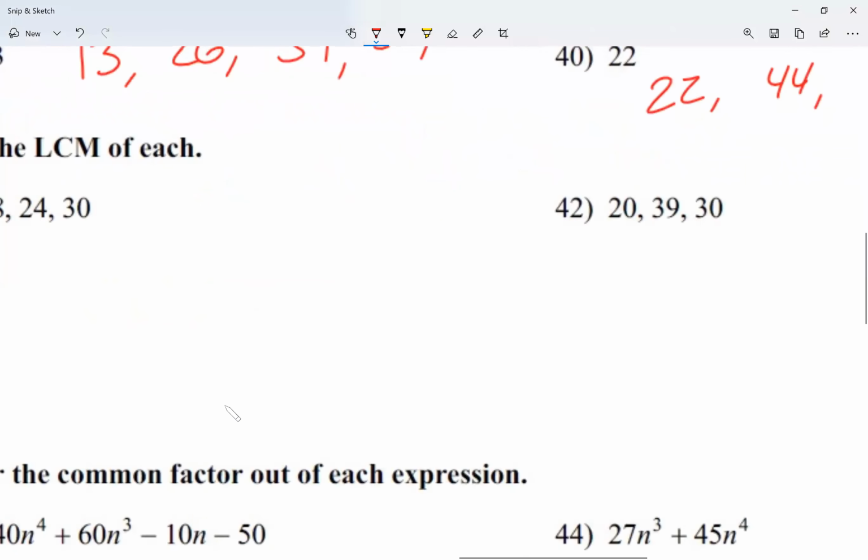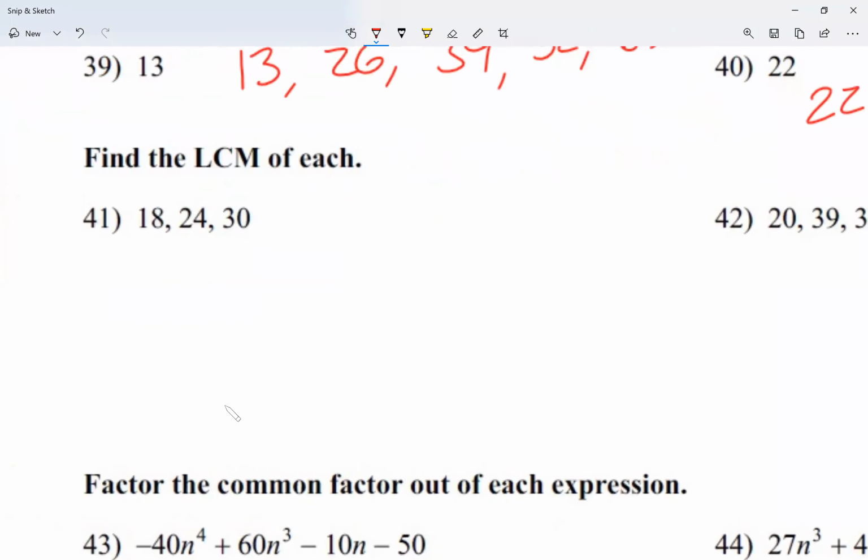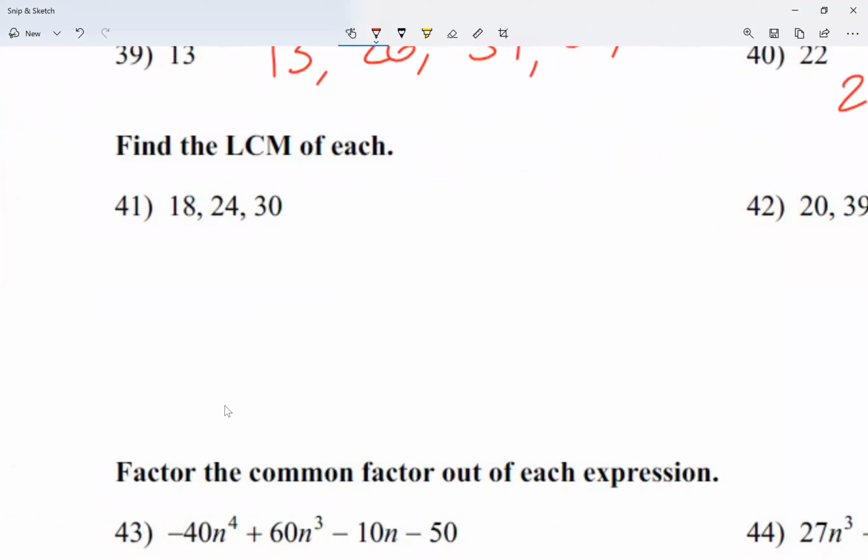Now, here, find the least common multiple. There's a list of 3 numbers. All right, let me find my multiples of 18. So I'm going to start with 18, and for each additional number, add 18 more.